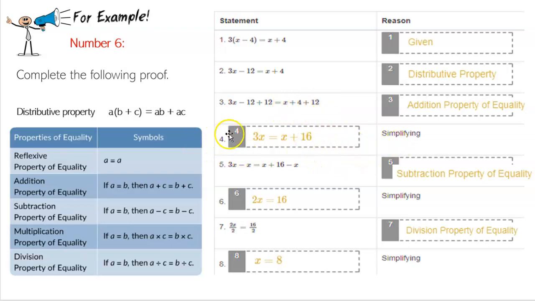So what is the difference between 4 and 5? Well, 3x minus x, we've subtracted. So you can say we subtracted from each side. How do I get from here to here? They say simplify that. It's given to you. So we simplify to this. How do we get to here? We divided. And then we have what we proved at the end.